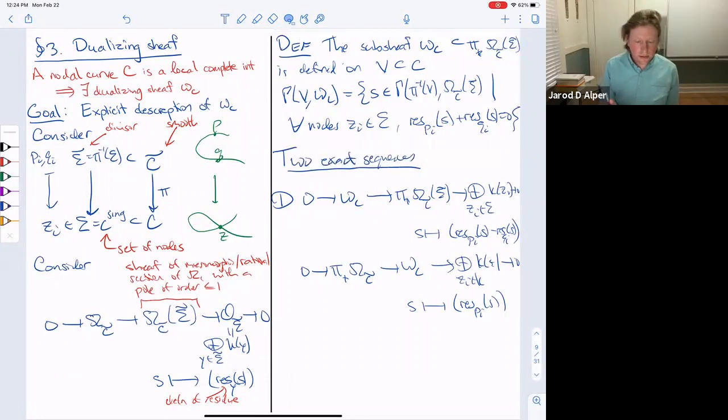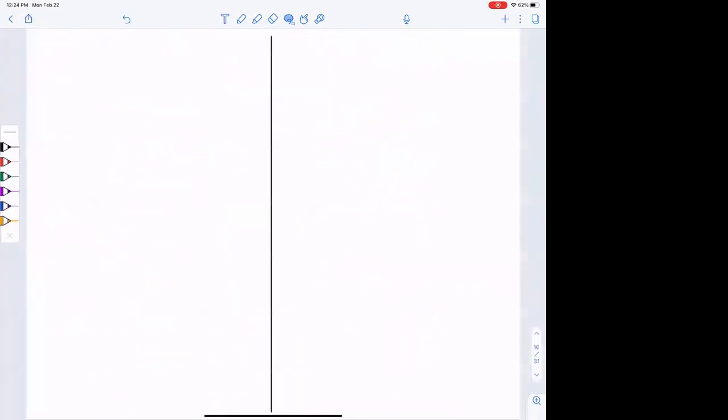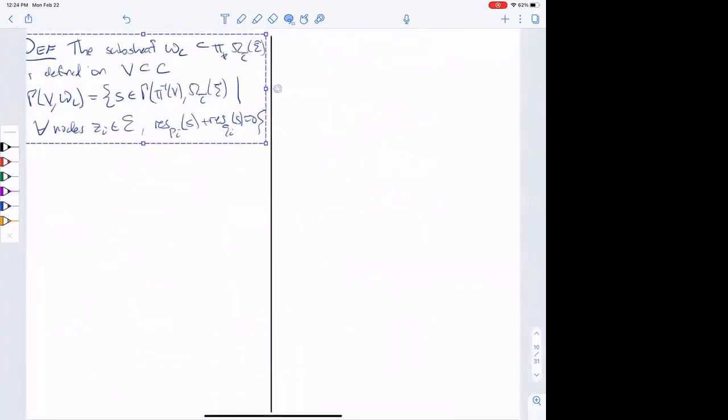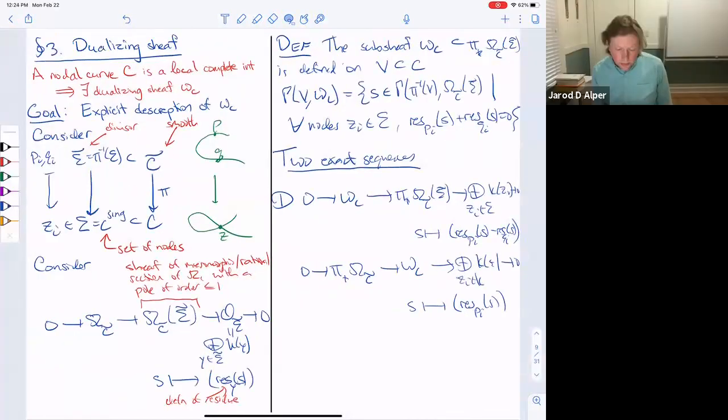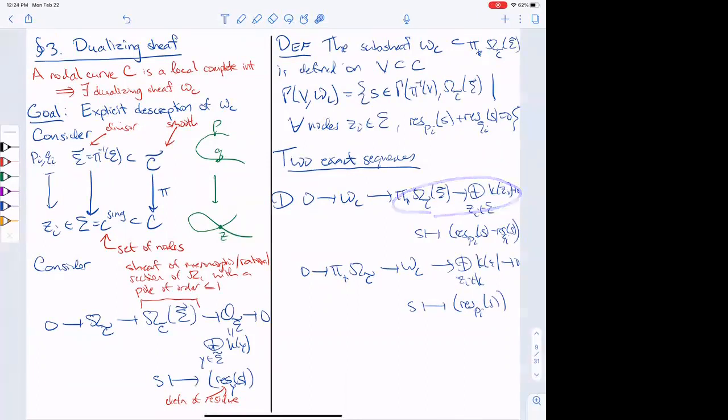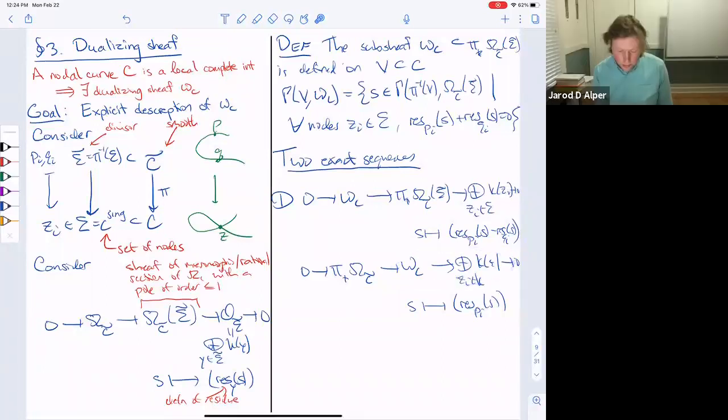Sorry, yes. Can I ask you something? So what is the first map in the second exact sequence? This map? No, in the second exact sequence, the first one.